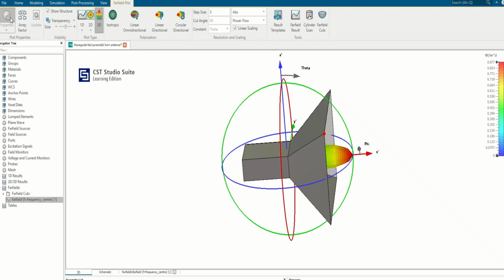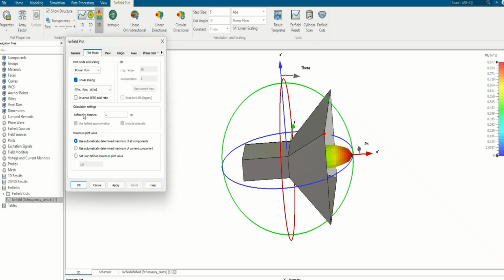So it is defined at the reference distance of 1 meter. So we have seen in our explanation that the power density decreases with respect to the distance because it is related to 1 by r square. So if I want to see the power density at 2 meter, I can change this into 2 meter. So what will happen? We know that it is related to 1 by r square.